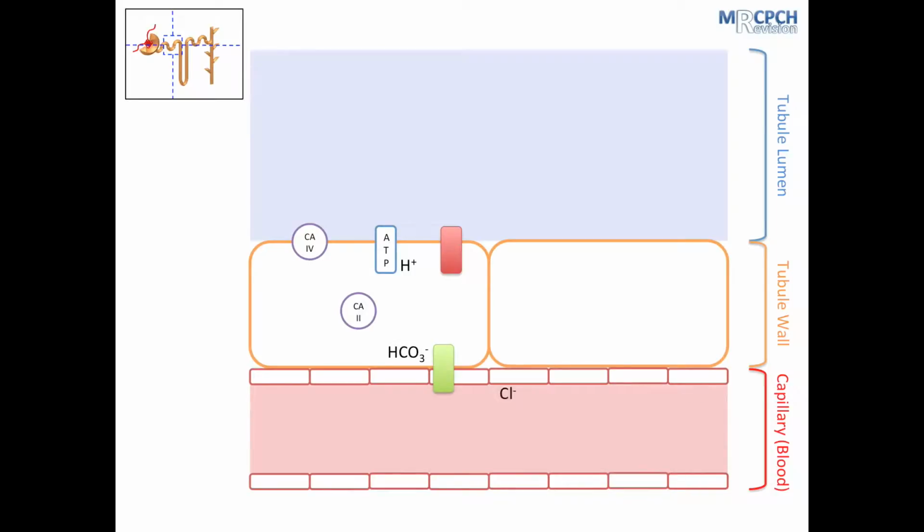So what happens next is chloride from the circulation joins up with the bicarbonate at a transporter and is exchanged. So chloride goes into the cell and bicarbonate is reabsorbed into the blood. So what about the protons that are generated? The first one, there is a proton pump, an ATPase that actively secretes hydrogen ions into the tubular lumen.